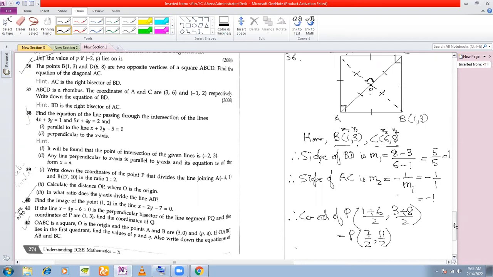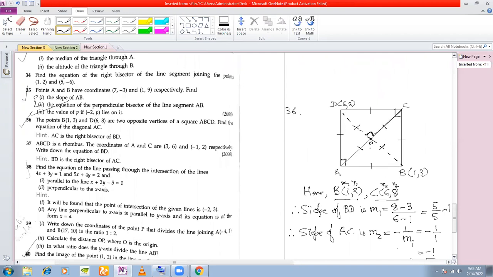So you've got the coordinates of P, and you know the slope of AC also. On this line, whose equation you need to find, you know this point, and you know the slope also, M2 equal to minus 1, right?